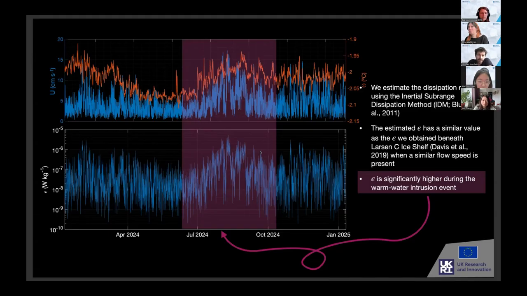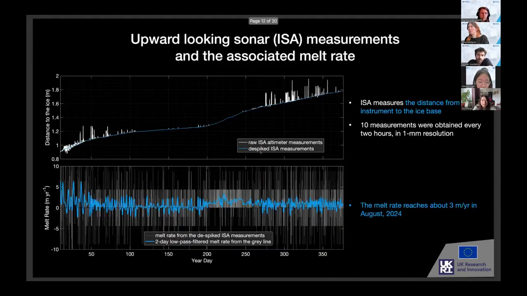So how to prove that? Again, thanks to our super hardworking field team, we also deployed an upward-looking sonar at the same location. The upward-looking sonar can measure the distance from the instrument to the ice base, which is shown in this figure with the y-axis, the distance to the ice.